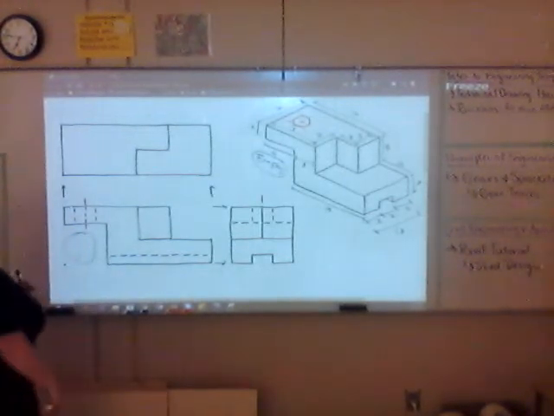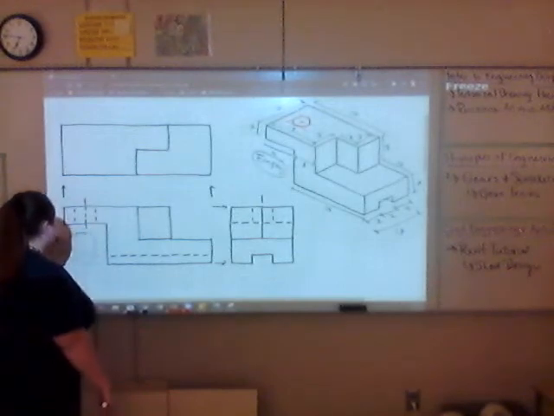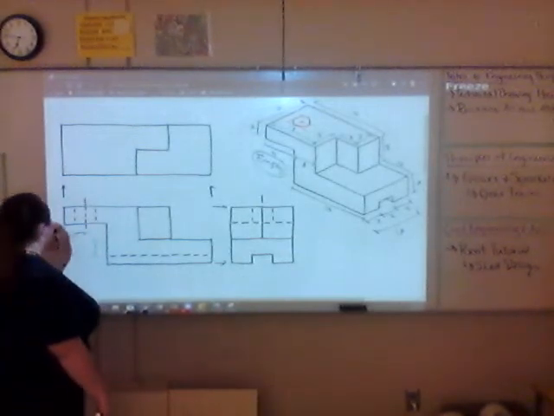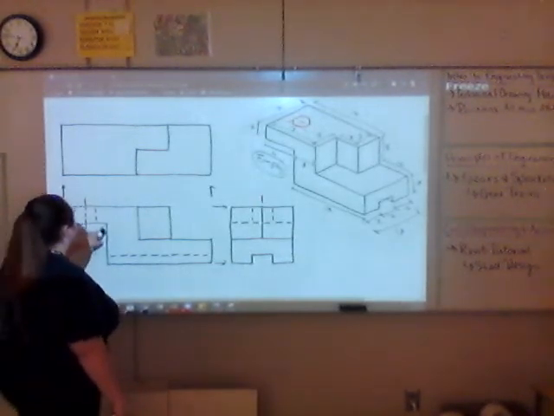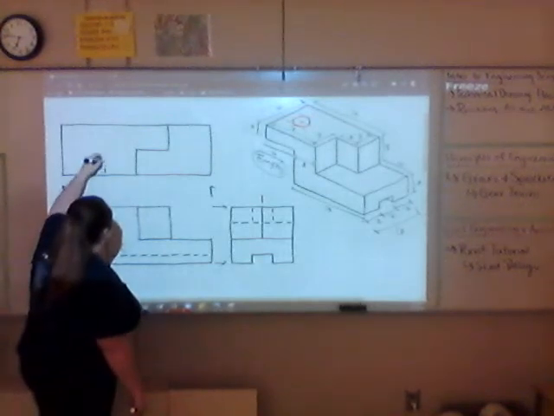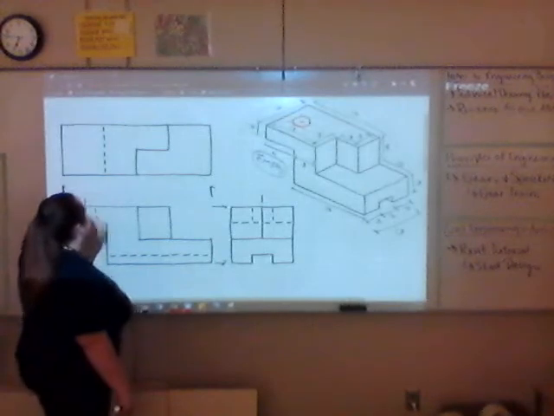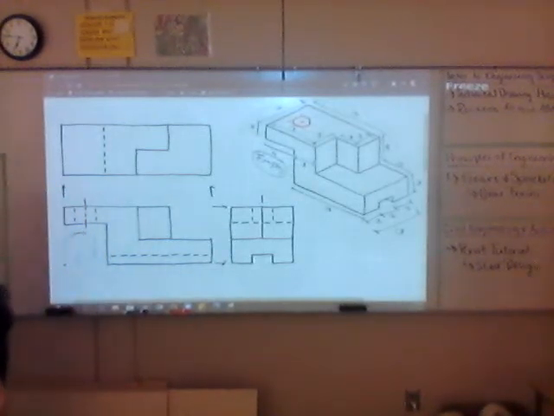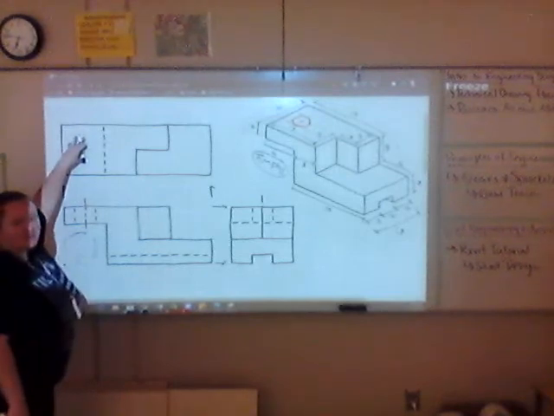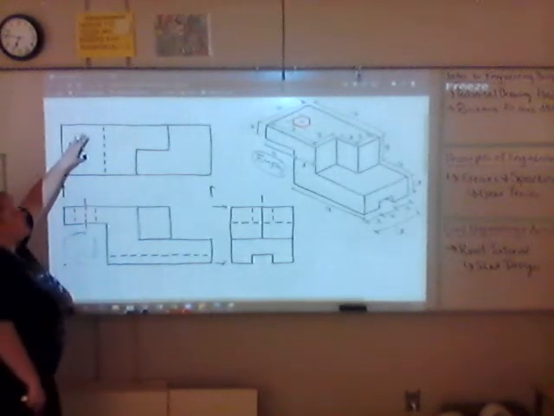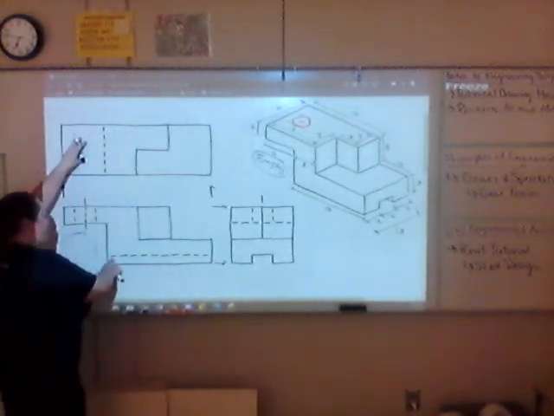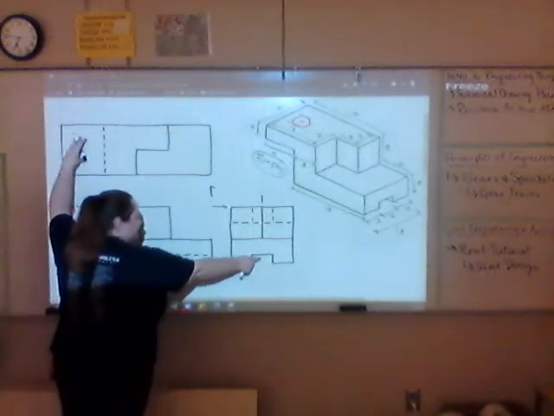So next thing we need to note is this empty space right here again, okay? So we have this ledge that goes back 4, so we're going to have a hidden line that goes from front to back right here, 4 in from the left-hand side. Okay, that tells us that we know that there's empty space underneath of this. Okay? And then all we have to do is account for our slot right here. Okay?